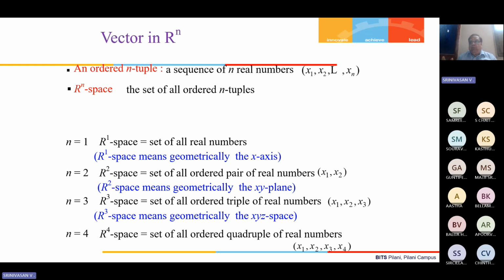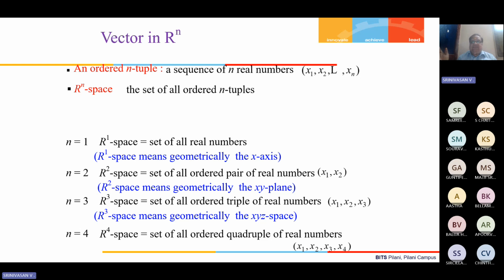At a distance of OA, you draw an ordinate parallel to the y-axis at a distance of x, OA equal to x. And then OB is along the y-axis at a distance of y. So along the x-axis you have OA equal to x, along the y-axis you have OB equal to y, so that you plot a point (x, y), which is called an ordered pair.